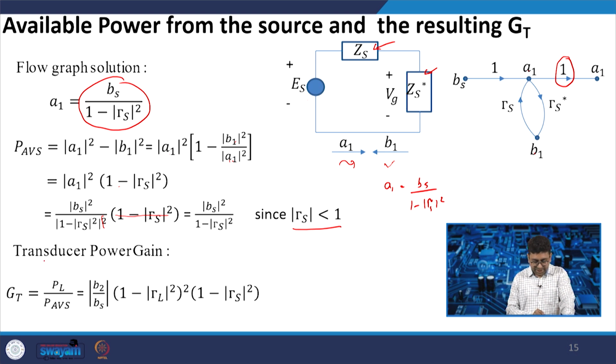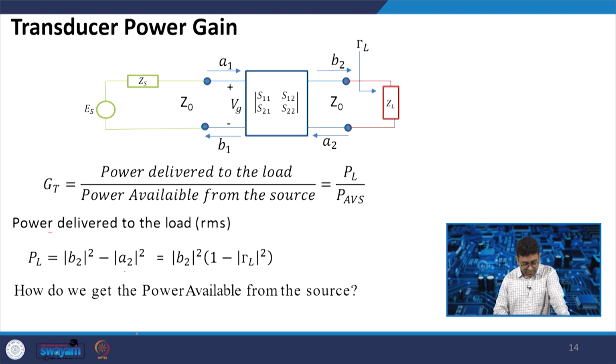So, the transducer gain is finally written as B2 by Bs square, times 1 minus gamma L square, over 1 minus gamma S square. Here, when you take B2 square, that is 1 minus gamma L square.